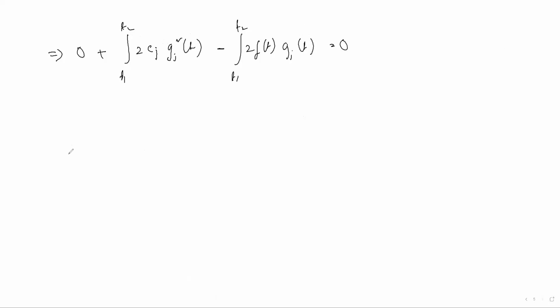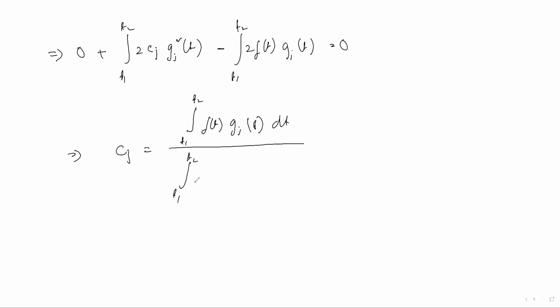By equating, we find c_j, the coefficient, equal to the integration from t1 to t2 of f(t) g_j(t) dt divided by the integration of g_j squared(t) dt.